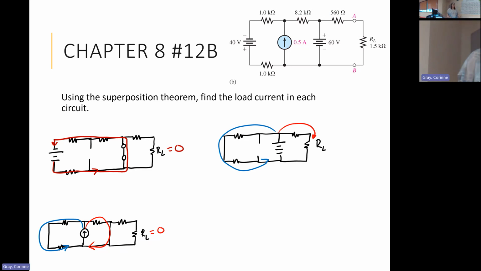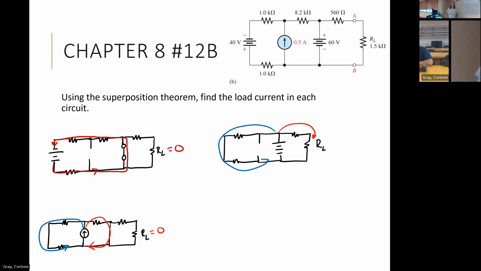There are multiple ways we can technically solve this, so we just need to decide. Do we know the total current coming from this battery? Not yet. That's the first thing we have to do.